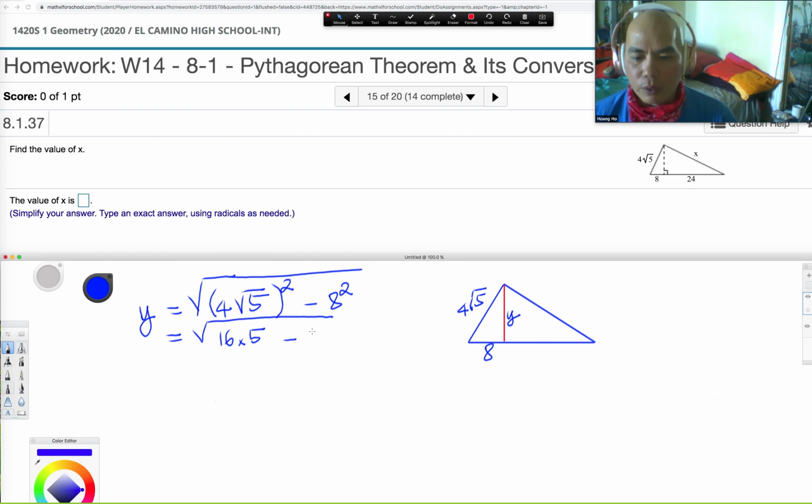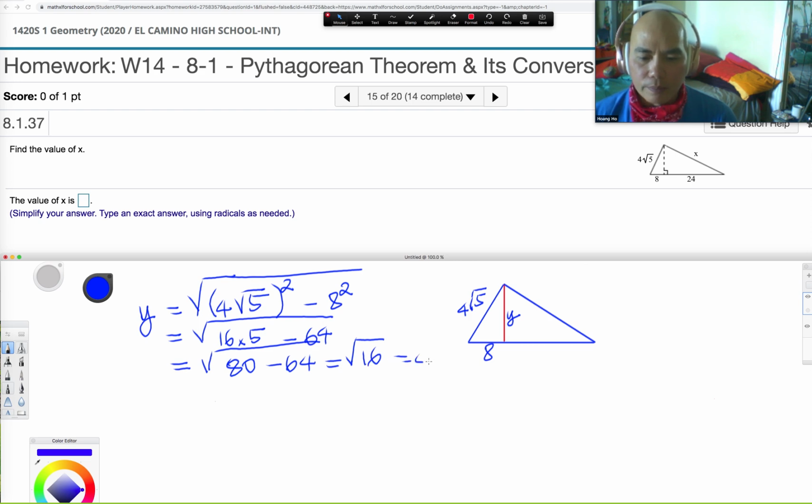Then you subtract 8 squared, which is 64. 16 times 5 is 80, and 80 minus 64 equals 16. The square root of 16 is 4. So y equals 4. So this part equals 4.